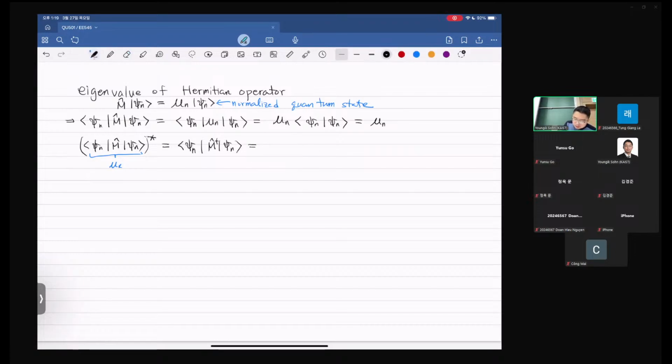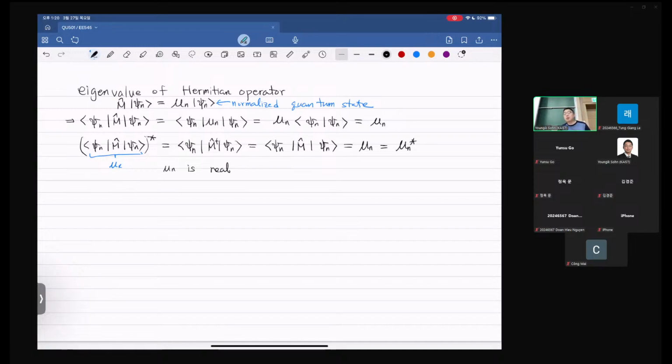Since it's Hermitian, the M dagger can be replaced, I just leave M. So it is just mu n, but originally we started from mu n's complex conjugate, right? So the complex conjugate is the same as itself. So we get a conclusion: mu n is real.